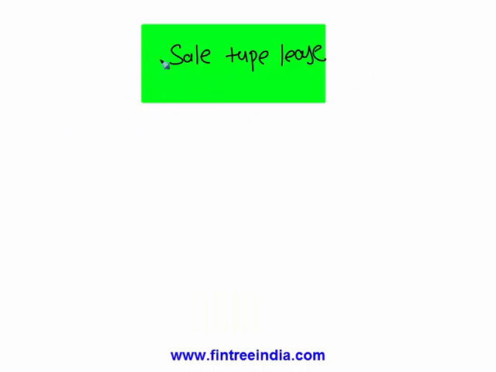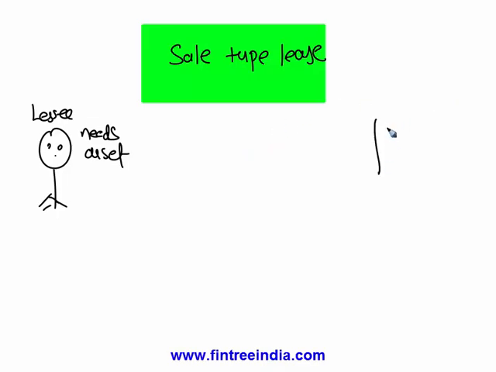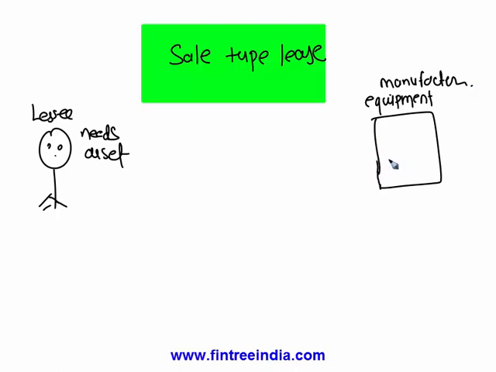Now see, how does the sale type lease work? This is again the lessee who needs the asset. But this time he does not go to an NBFC. He directly goes to the equipment manufacturer or PPE manufacturer. And he says that this asset I want to purchase from you.